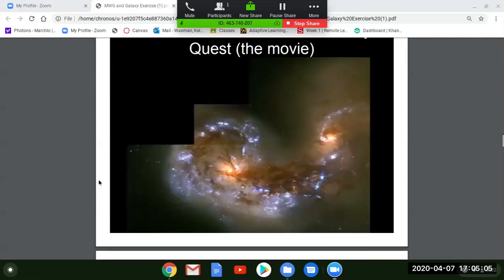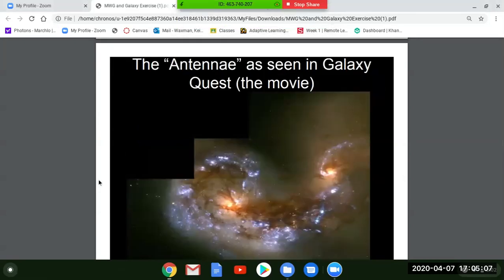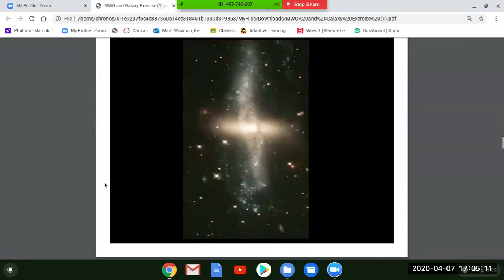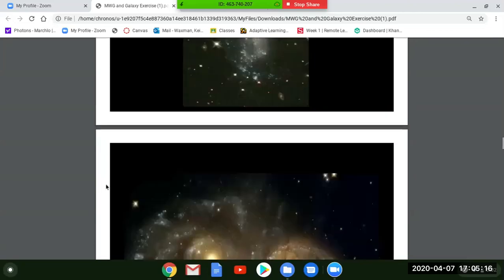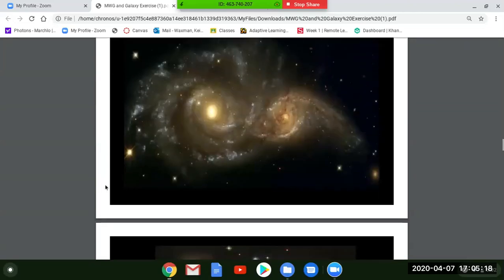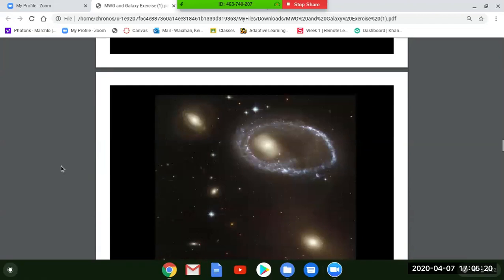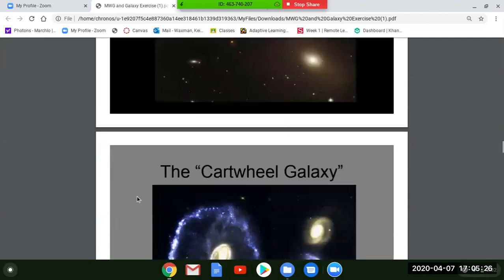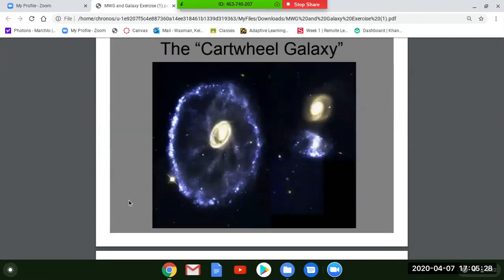Here's one called the Antenna, seen in the movie Galaxy Quest. We're actually featured in Galaxy Quest. Nice colliding galaxy there. Look at these two colliding. Just great shots. Here's a ring galaxy or starburst galaxy from a collision. Cartwheel galaxy, looks like 2 or 3 galaxies collided.